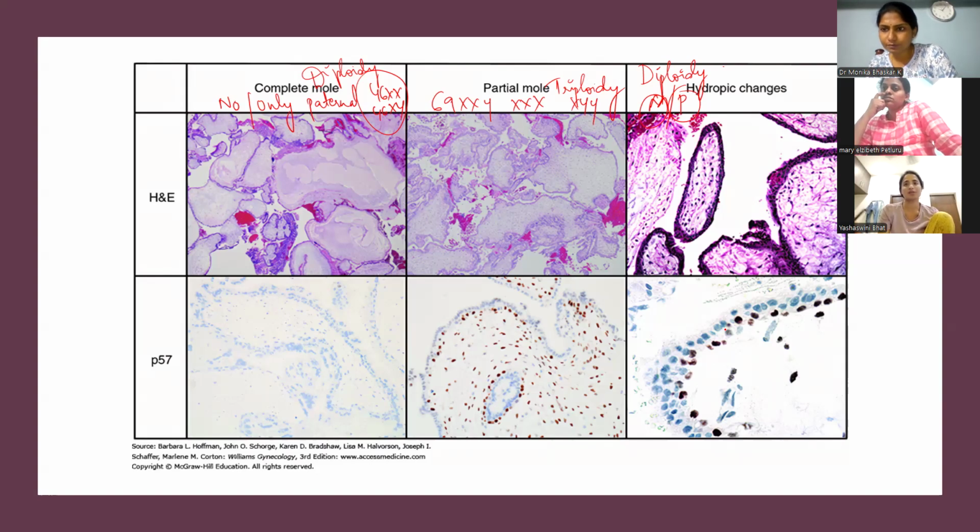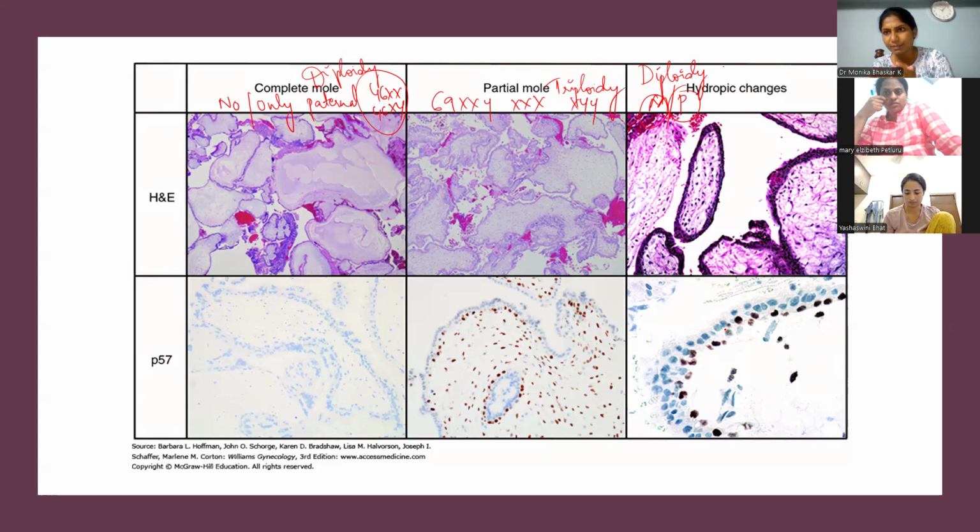But here, the P57 marker will be positive because it contains maternal component. But in case of hydropic changes, they will be diploid, where there is 46XY, or there will be maternal and fetal component, and therefore it will stain positive for P57. Yeah, good.